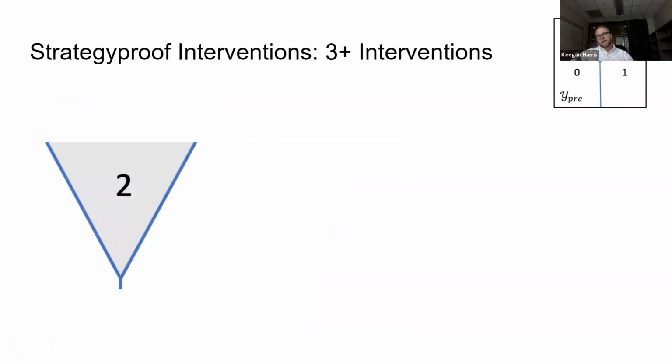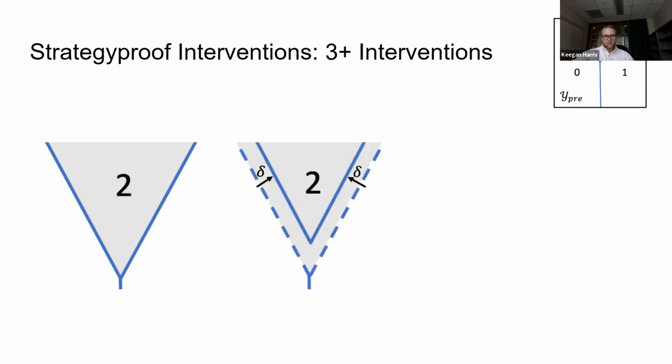So one thing you might try is you might try to apply the same heuristic which we use to get a strategy-proof intervention with 2 interventions, which is, okay, let's shift the separating hyperplane to account for strategic behavior. So if we try to do that here, what we're going to want to do is we're going to shrink this region for assigning intervention 2. So in particular, you want to shrink it by delta, so no units of other types can receive intervention 2.